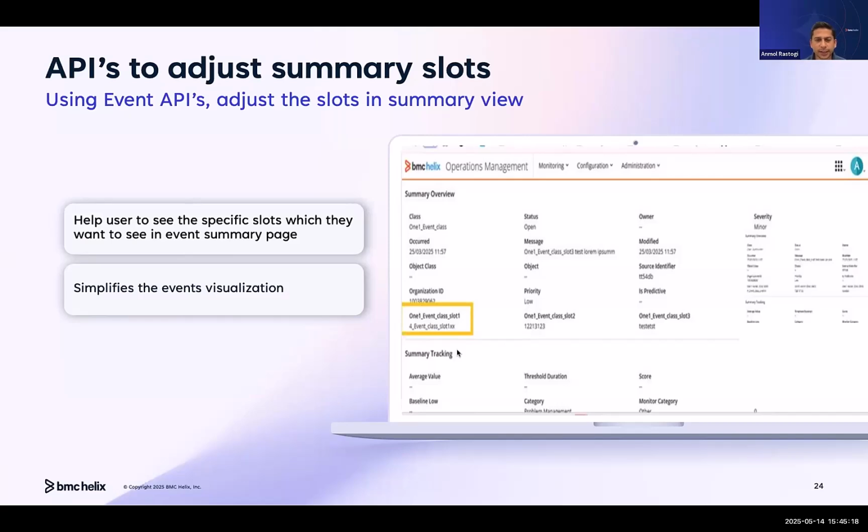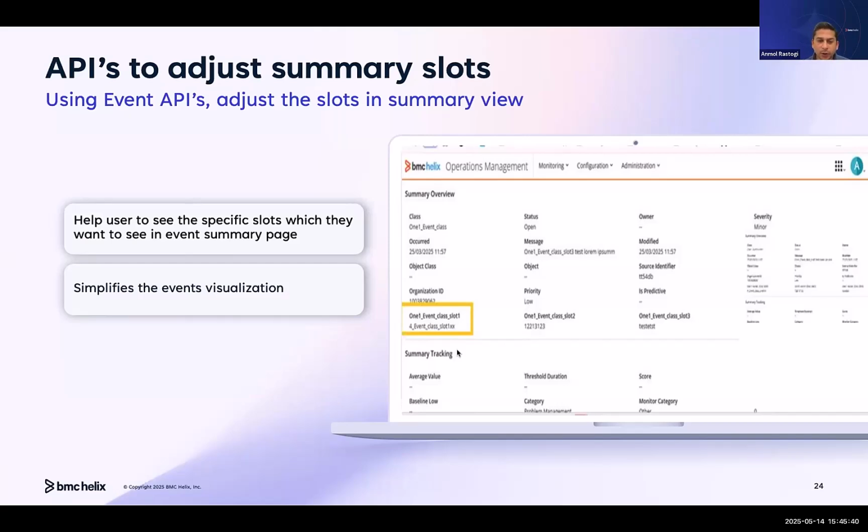They wanted to say that, okay, this particular event belongs to the SNMP class, and then the SNMP class has this slot. I only wanted to see these 2 to 3 slots on my summary page, because all the slots are irrelevant for me. So they can actually do this now through the API.